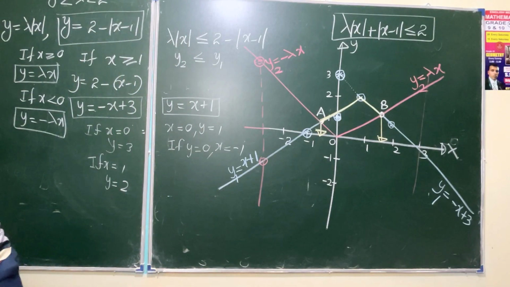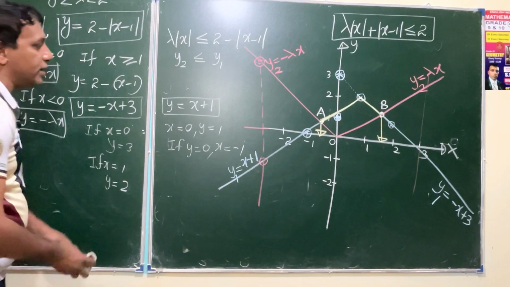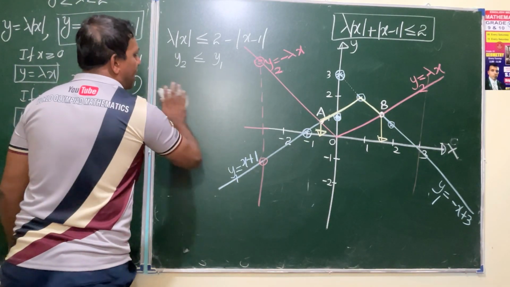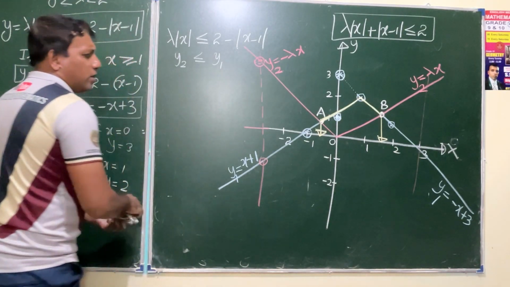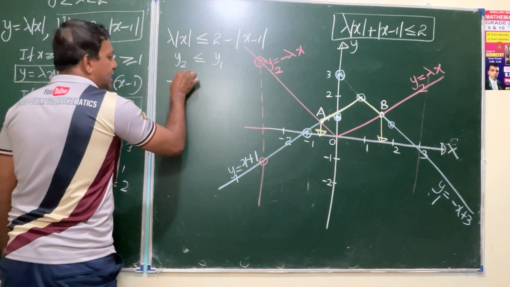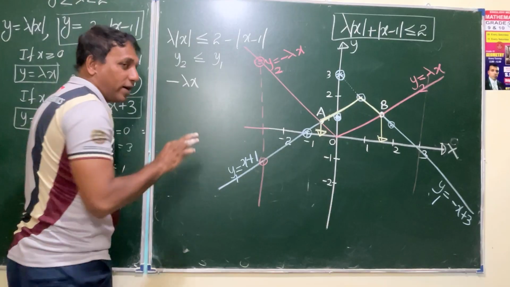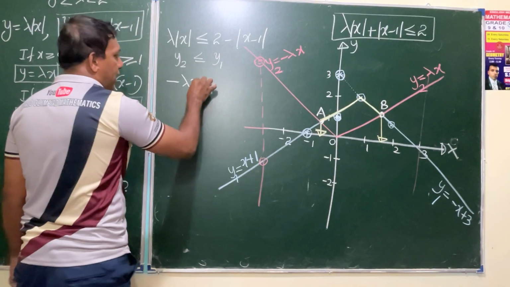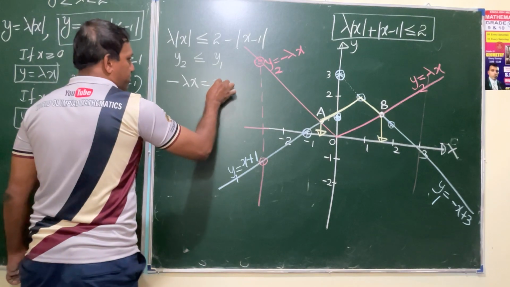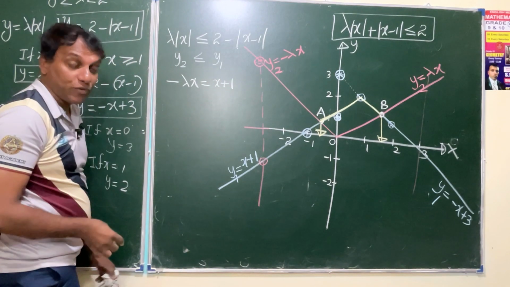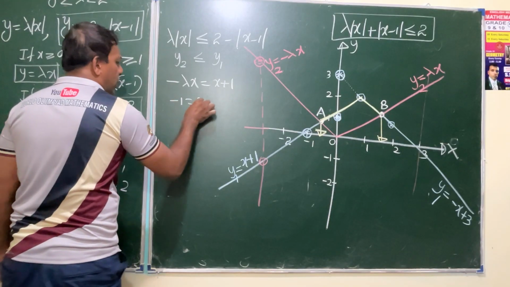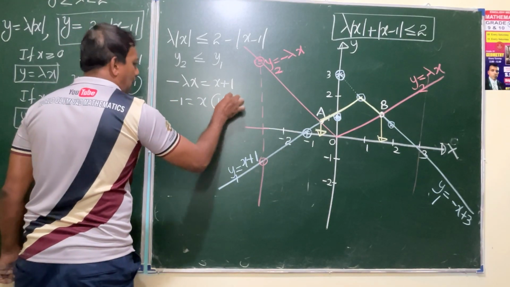You need the x coordinate, right? Not the y coordinate, you need the x coordinate. Okay, see how I solve it and go to the final part of the answer. So if I solve 2 minus lambda x, there is no y1, y2, there is y. Can I equate this and this, x plus 1? If we find the x value, it comes to minus 1 equal x into 1 plus lambda.